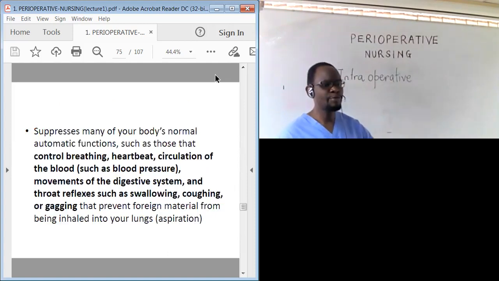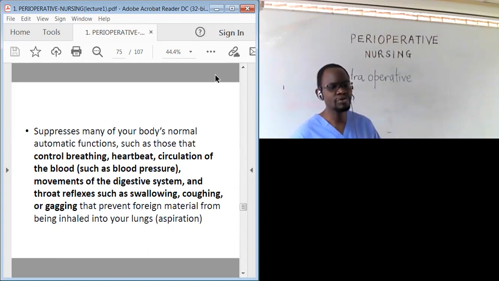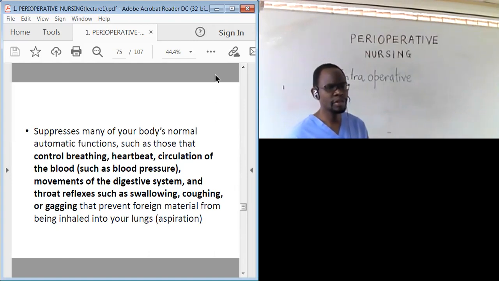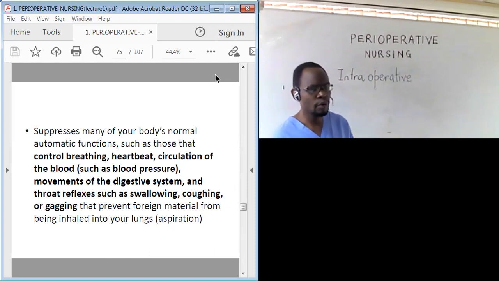It suppresses many of the body's autonomic functions, such as control of breathing. That is why it is very important that the patient is being breathed for. Then heartbeat and circulation, it suppresses most of those.